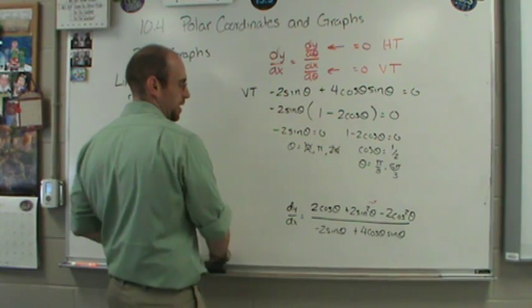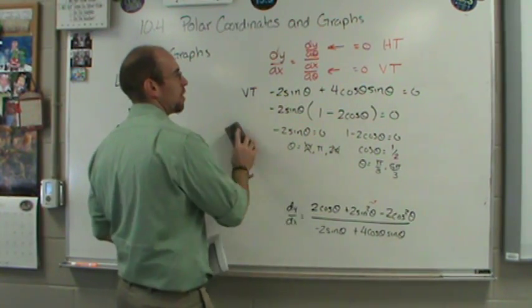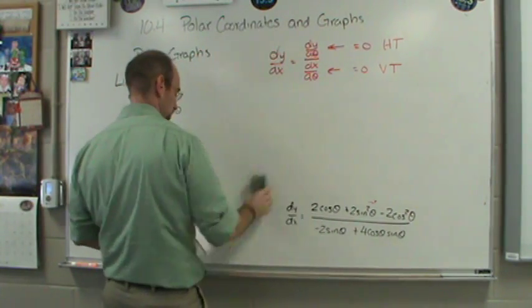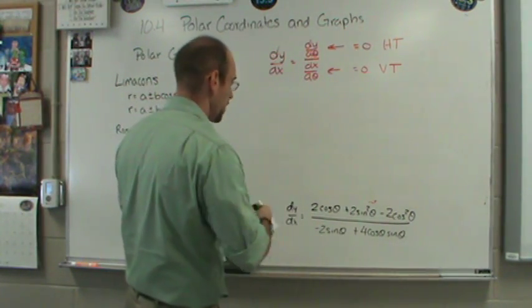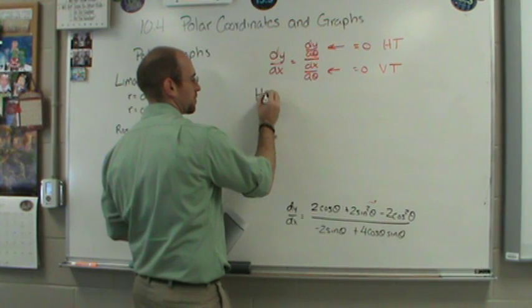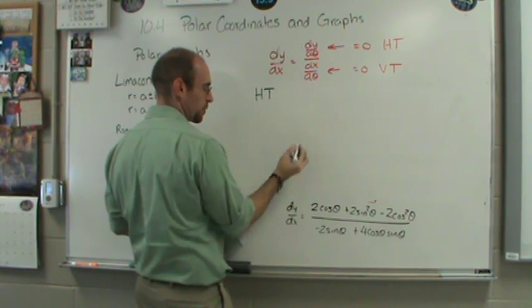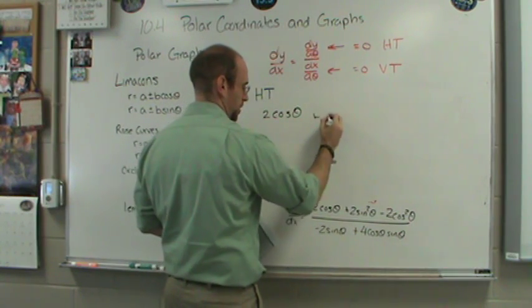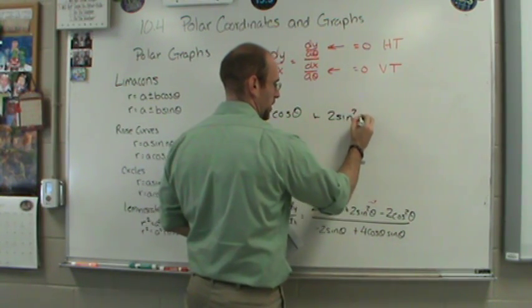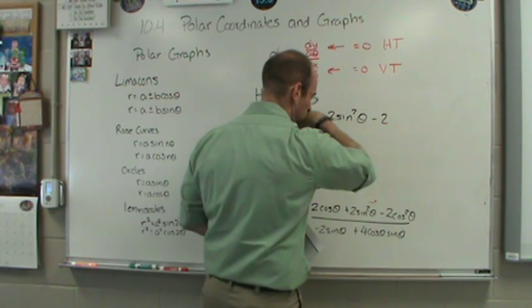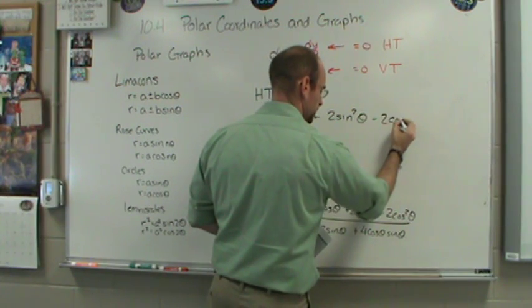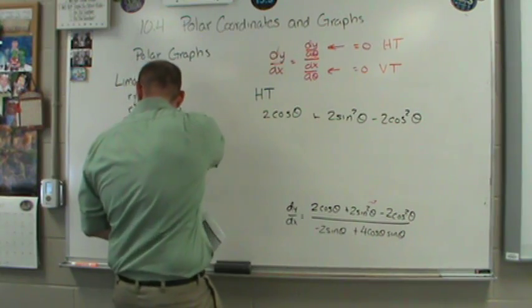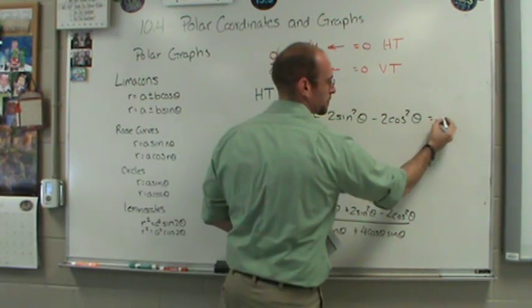All right, let's take a look at those horizontal tangents now. Let's set this numerator equal to 0. Plus 2 sine squared theta minus 2 cosine squared theta. Excuse me.